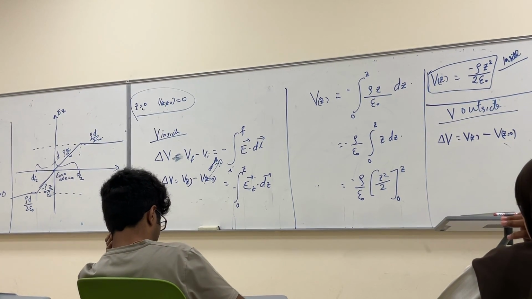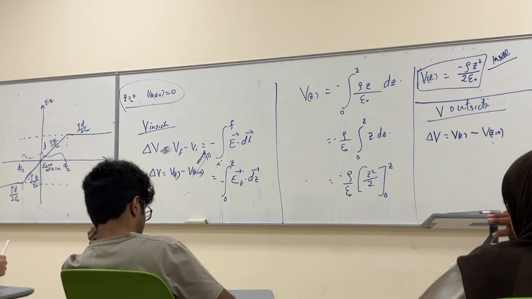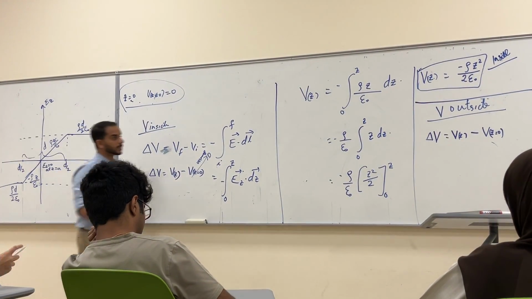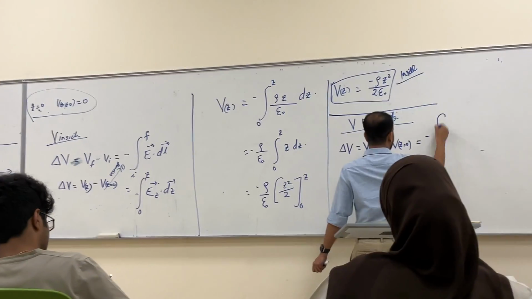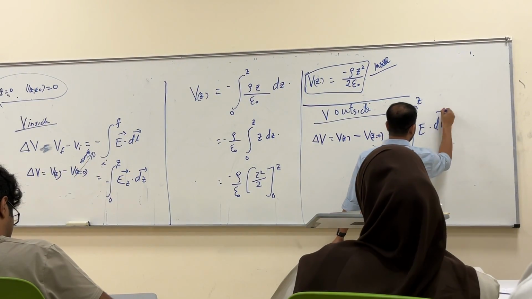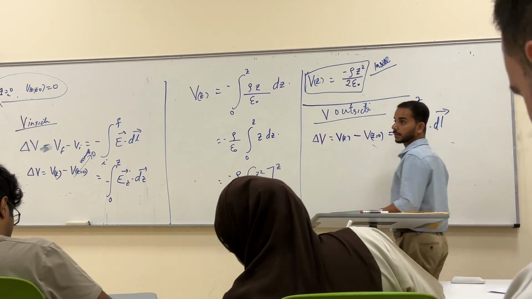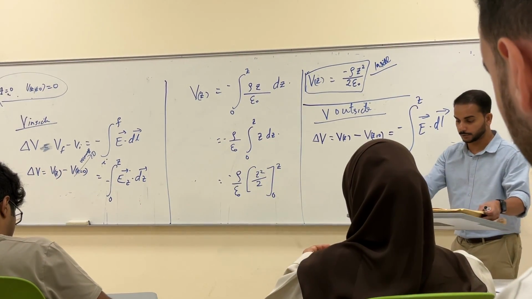Now I want to check what is outside, any point on Z axis. That's what I'm going to do. So that's the difference between this Z and whatever Z I have mentioned. So this will be equal to integral 0 to Z of E dot dl. But what kind of electric field do I have to choose for this one?